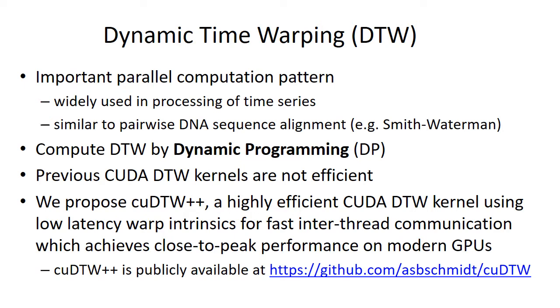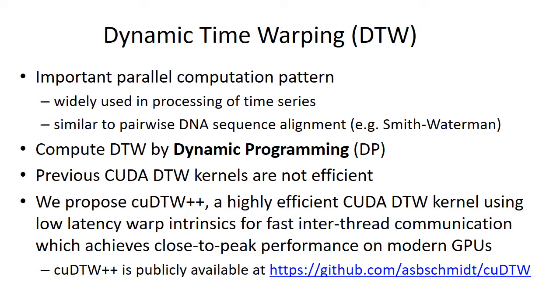So let's start with a bit of background about dynamic time warping, or DTW. It is an important computation pattern, or parallel computation pattern, widely used for processing time series. The basic algorithm finds the optimal alignment of two time series.